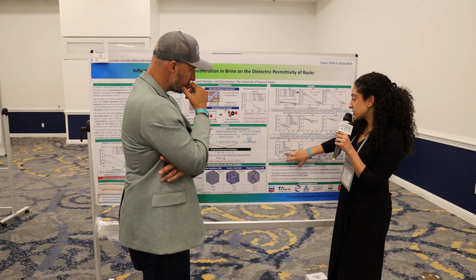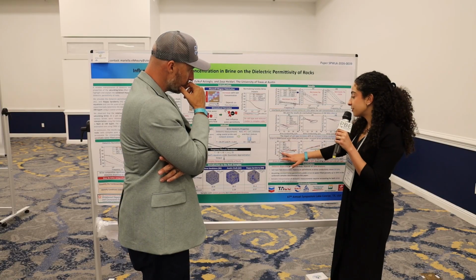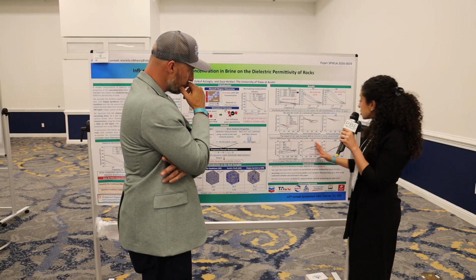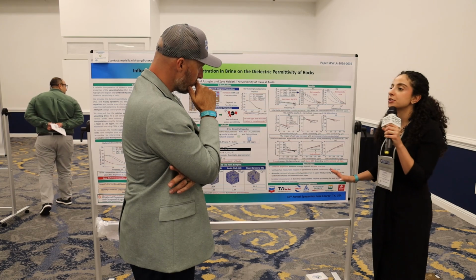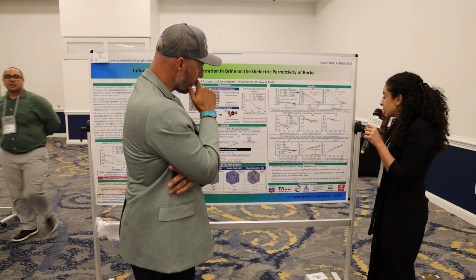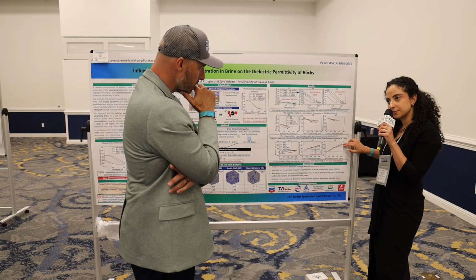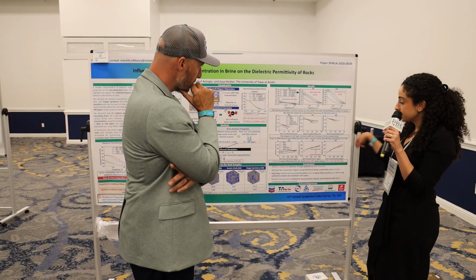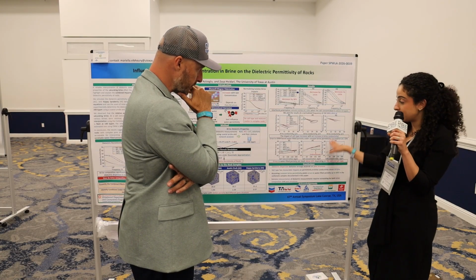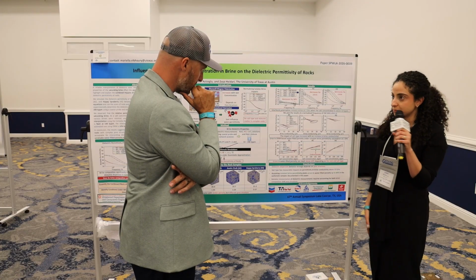But as salt concentration increases, the error increases. And if you look at Austin chalk and Happy Spraberry, the errors are amplified. In fact, for KCl, it can reach up to 60%. Furthermore, the relative error is also dependent on salt type.